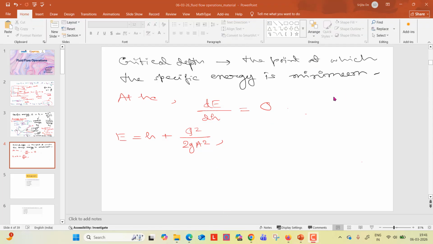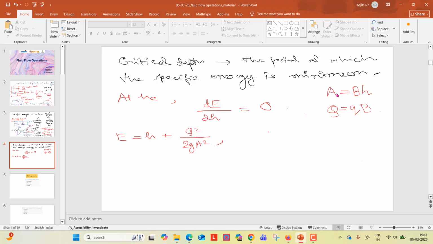It is known that A is the area of the channel, right? Suppose B is the width and H is the height. So A equals BH. And if the discharge per unit width is given by small q, then capital Q is q into B, right?